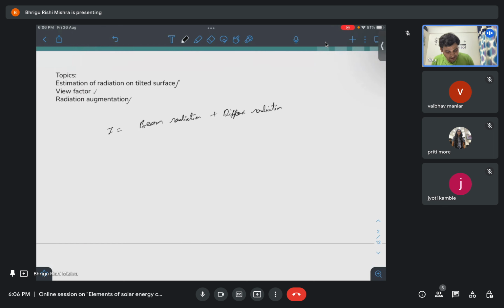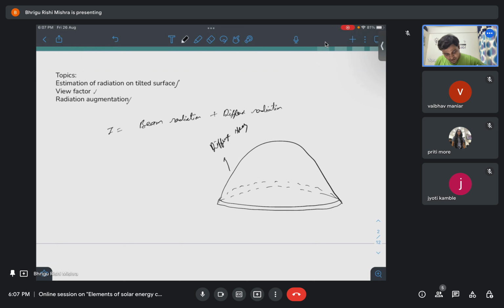So suppose I draw a sky dome like this, and this is the diffuse sky area, you can call it AS. Okay, and this is the normal.